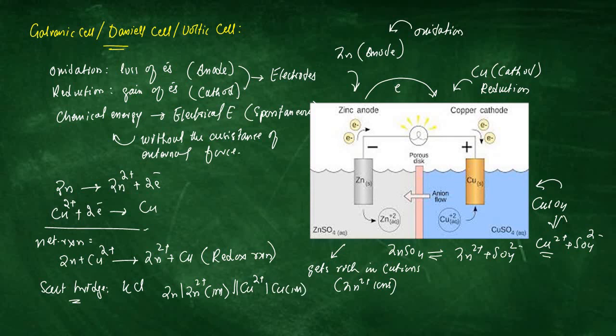The two parallel lines represent the salt bridge. The anode cell is written first, followed by the cathode cell. So here we can see that the zinc anode is oxidized to zinc ion, which is 1 molar. Both solutions are 1 molar in concentration.